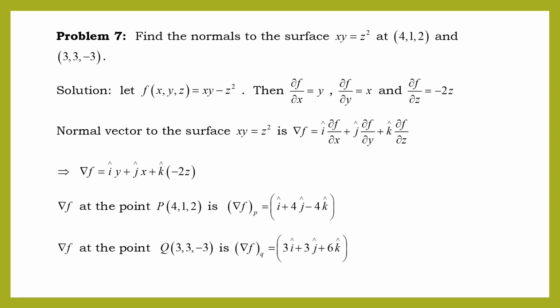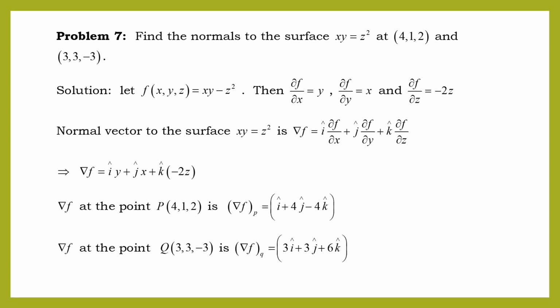Now we have to find out the gradient of f, which is nothing but the normal to the given surface at the point P 4, 1, 2. To do this, we have to substitute x is equal to 4, y is equal to 1 and z is equal to 2 in del f.